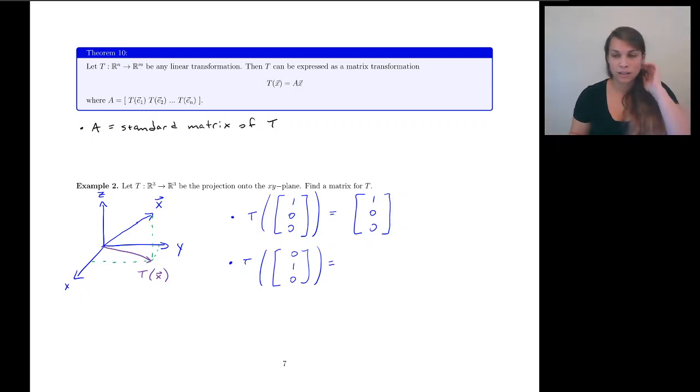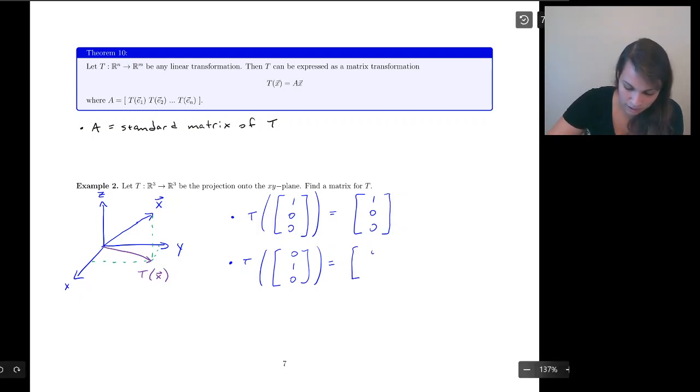We want to eliminate the z component. We want to push it down onto the xy plane. So y stays the same. So then what happens to the z component? We basically just want to get rid of it.